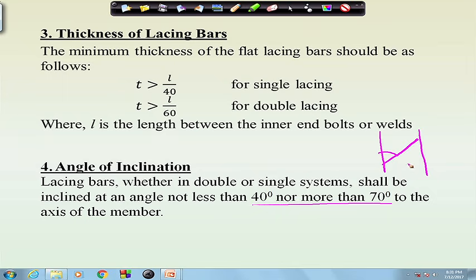However, from experience it is seen that this lacing system will be effective if theta is near to 40 or 45, or basically 35 to 45, then it will be much more effective.